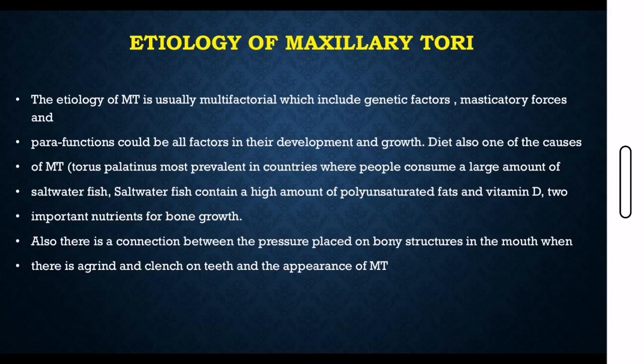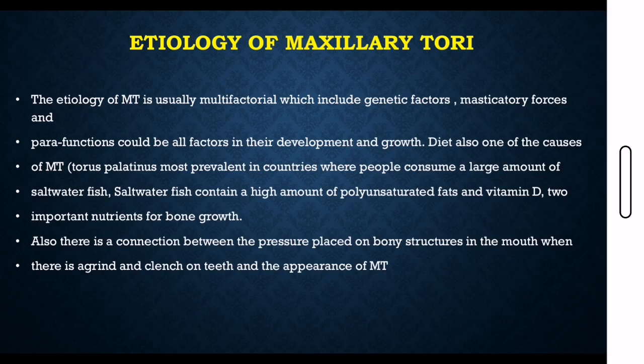Etiology of maxillary tori. The etiology of the torus palatinus is usually multifactorial, which includes genetic factors, masticatory forces, and parafunction, which could all be factors in their development and growth. Diet is also one of the causes. Torus palatinus is most prevalent in countries where people consume a large amount of saltwater fish.